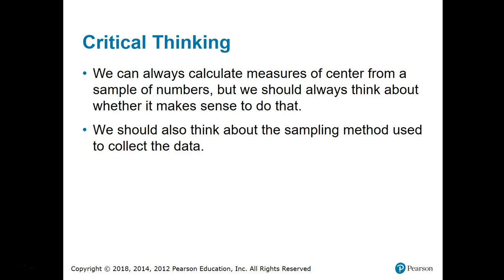All right, critical thinking. Good points here. Our data has to be numerical, and you have to be counting or getting a measurement of something. If you have data that is just random numbers, then the median, mode, none of that's going to make any difference.